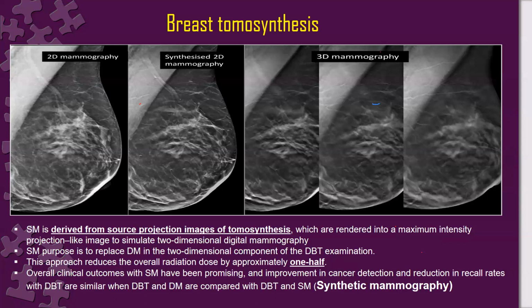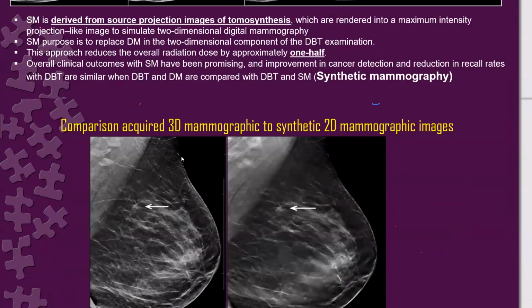By this procedure, they can reduce the overall radiation dose to approximately half. At the same time, the synthetic mammogram improves the detection of breast cancer and recall rates compared to tomosynthesis along with acquired mammography.